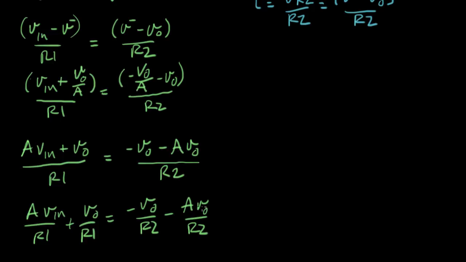Okay, next what I'm going to do is start to gather the V out terms on one side and the V in terms on the other side. So that means that this V out term here is going to go to the other side.